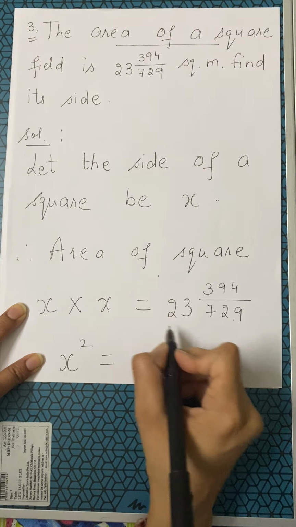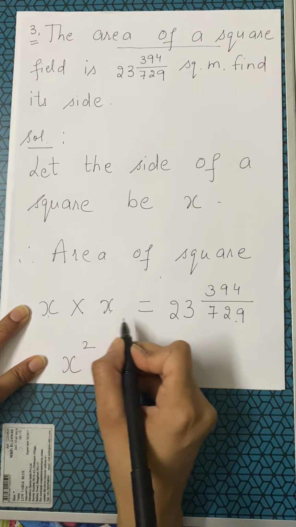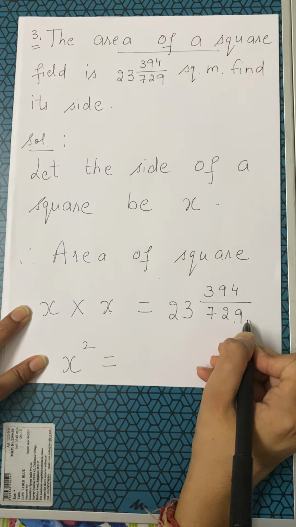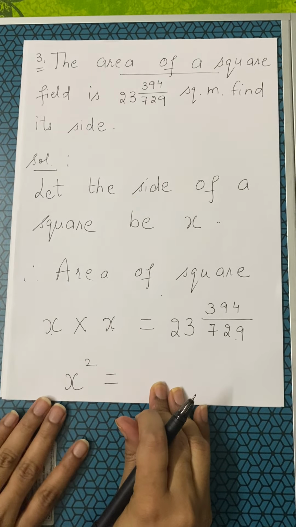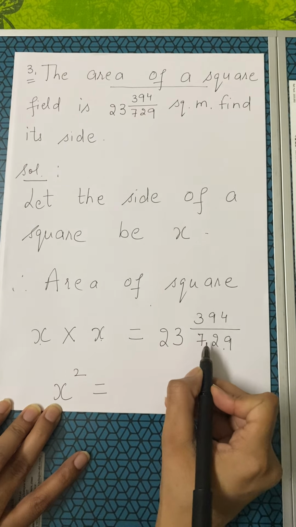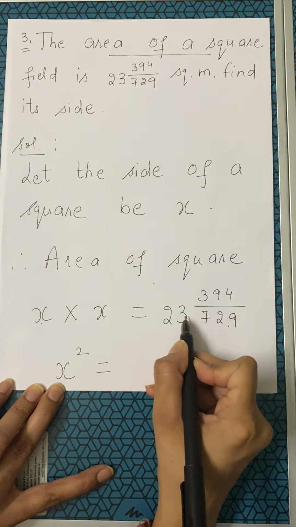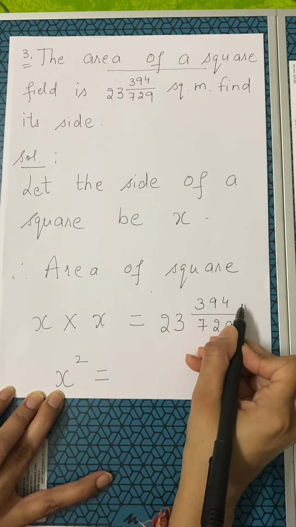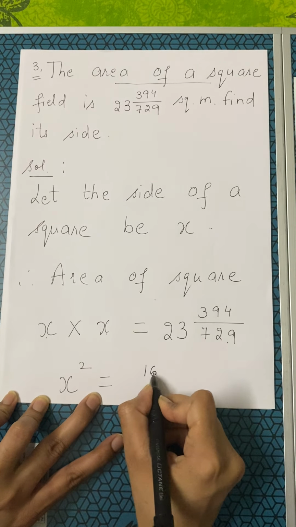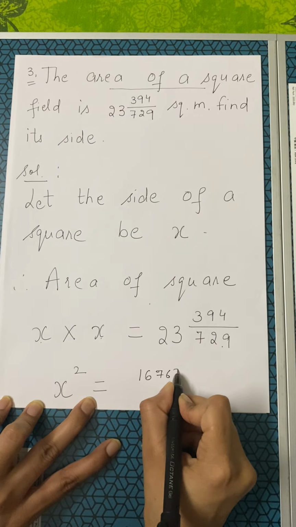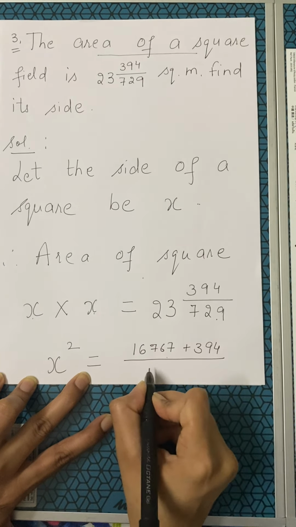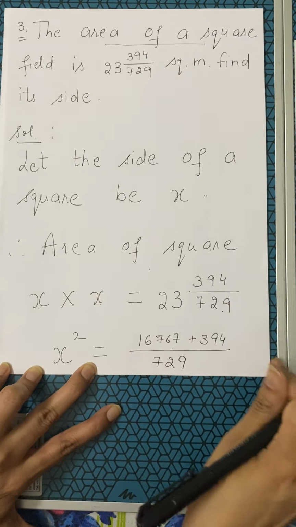Now according to the statement, x multiplied by x will be equal to 23,394 upon 729. X into x will become x square. And when I simplify it, that means when I multiply 729 by 23 and 394 will be added to it, this will become 16767 plus 394 divided by 729.